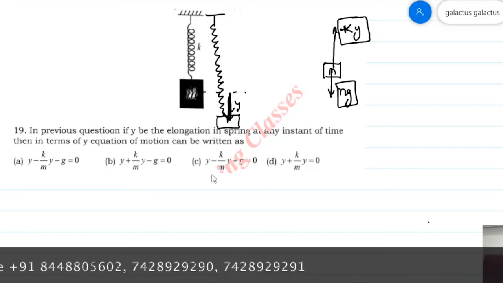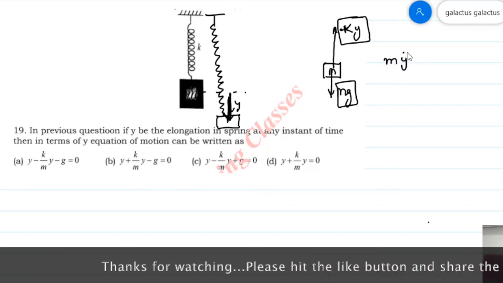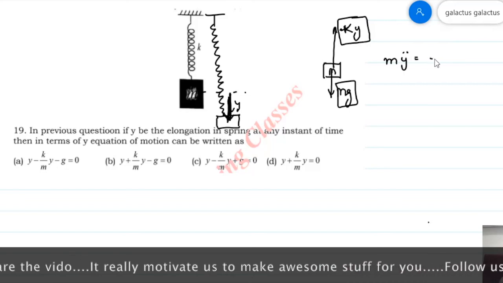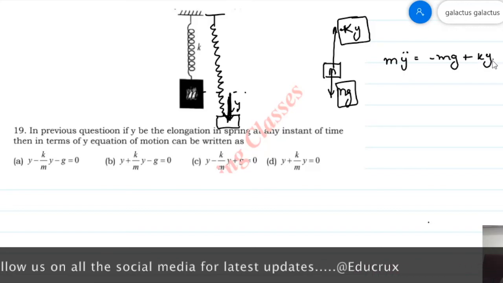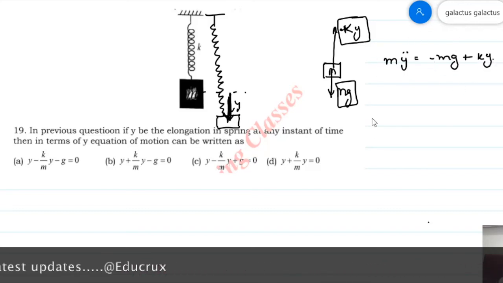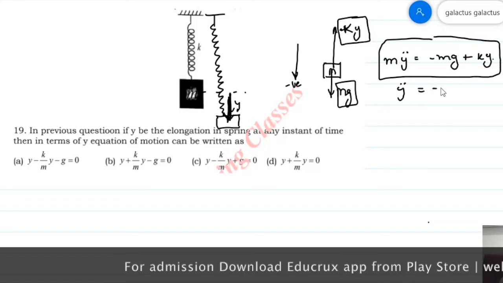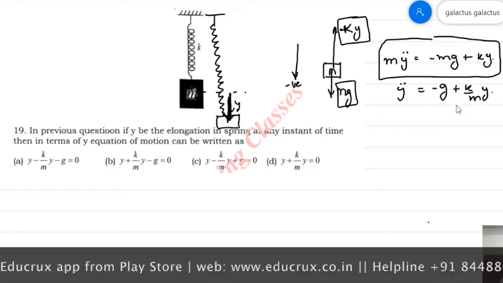to its natural length. So at that instant I can write m y double dot is equal to minus mg plus ky. If I take the downward direction to be negative, then this is the equation that I can formulate, and if I divide it by m on both sides, I get minus g plus k by m y.